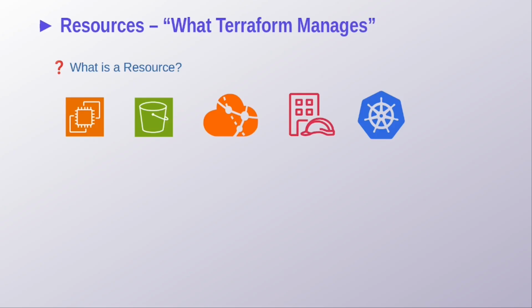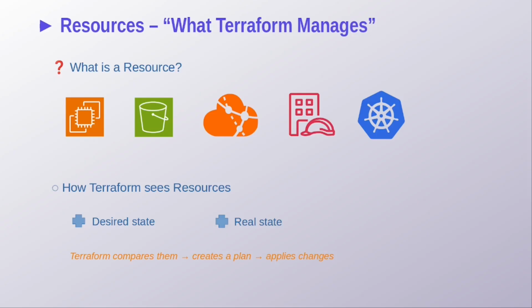Resources. What is a resource? A resource represents a real object in infrastructure. For example, EC2 instance, S3 bucket, VPC, IAM role, Kubernetes deployment. How does Terraform see a resource?